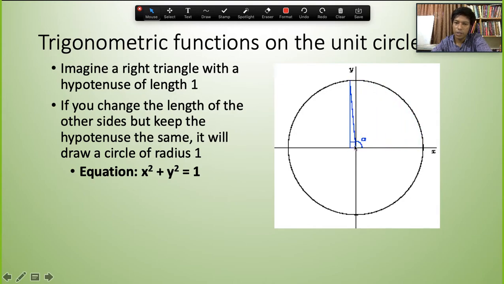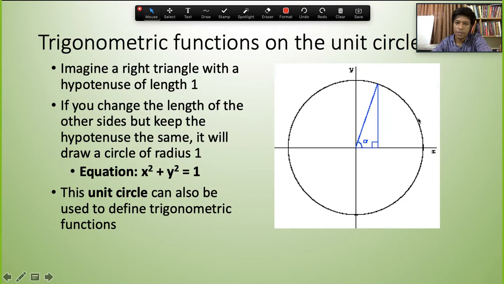This side is increasing, but that side is decreasing, but the hypotenuse is the same. If you take this hypotenuse as 1, then it becomes a unit circle, and the x value squared and the y value squared will always become 1.